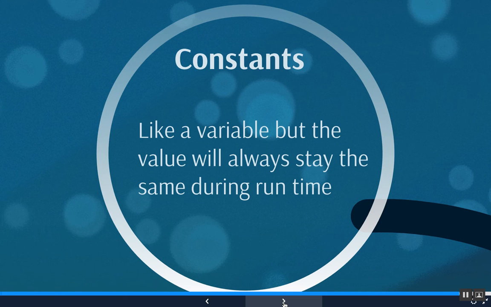And if later you decide to change the program to give everybody 4% raises, you would only have to change it in the one line of code where the constant was given a value, and not all the other many places that you might have used it in code. But you can change the value of a constant when you're writing the code, but remember the value of a constant can't change while the program is running. All right, so that's variables and constants.